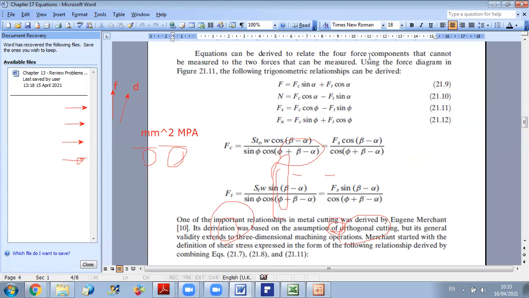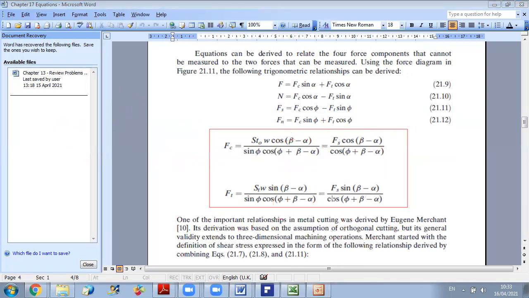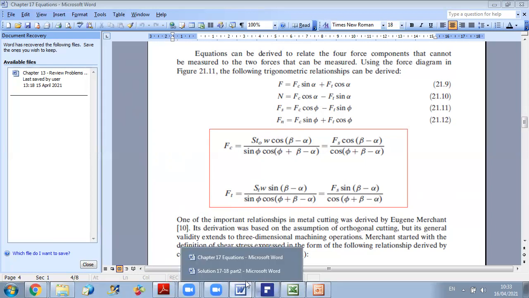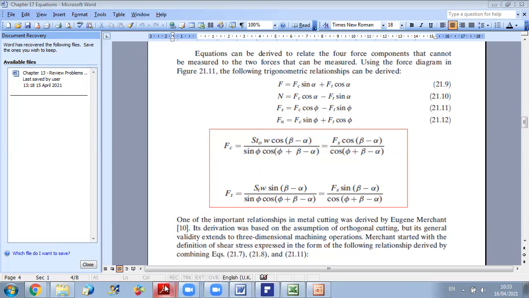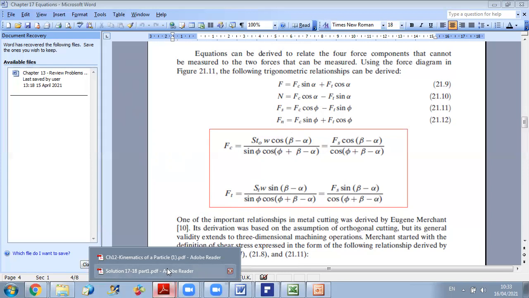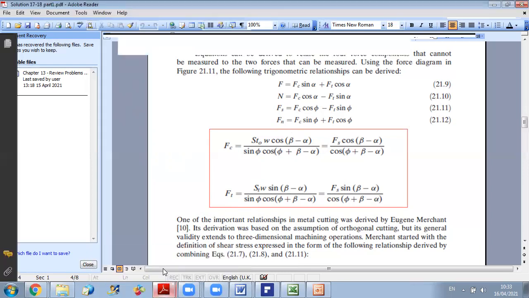So when the cutting and thrust forces are unknown, you can use these two formulas to get them. All you have to know is the shear force and the angles. This is why, before writing these expressions, we got the values of the shear force and the different angles.